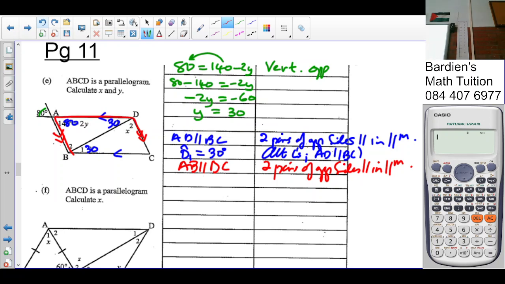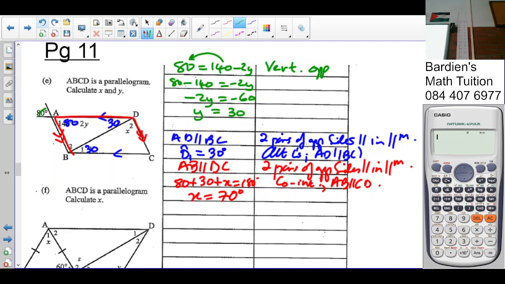So you got 80 plus 30 plus x is equal to 180. Why is that the case? Because co-interior angles add up to 180, with AB being parallel to CD. That's 110, so x is equal to 180 minus 110, which is 70. Okay.